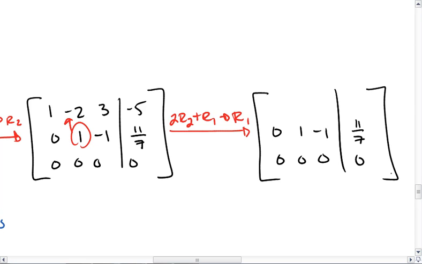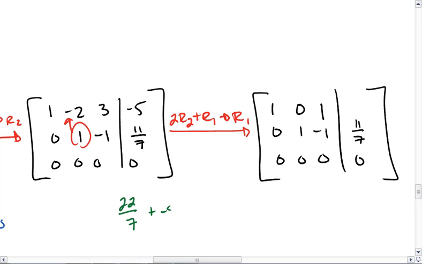But row 1 is going to be 0 times 2 is 0, doesn't really change anything. 2 times 1 is 2 plus negative 2 is 0. 2 times negative 1 is negative 2 plus 3 is going to be 1. 2 times 11/7 is 22/7.